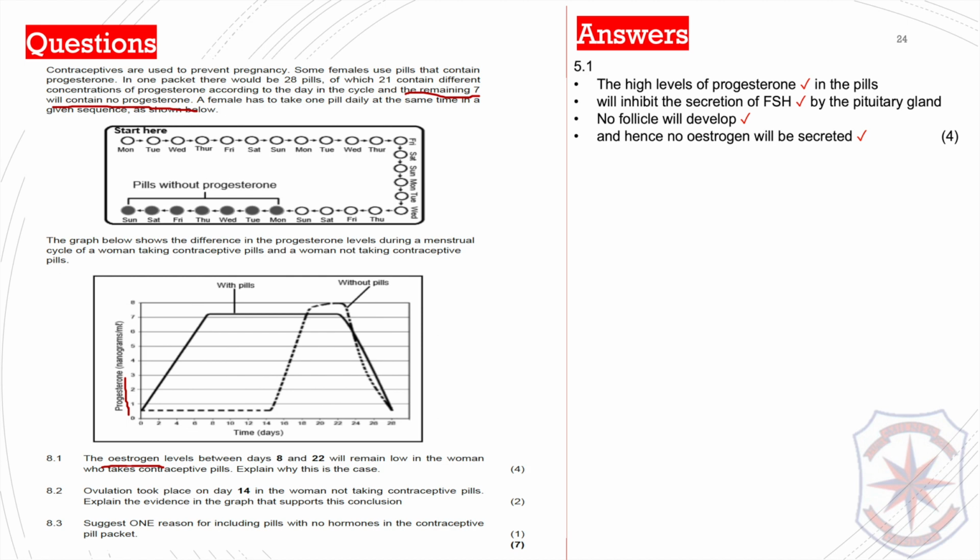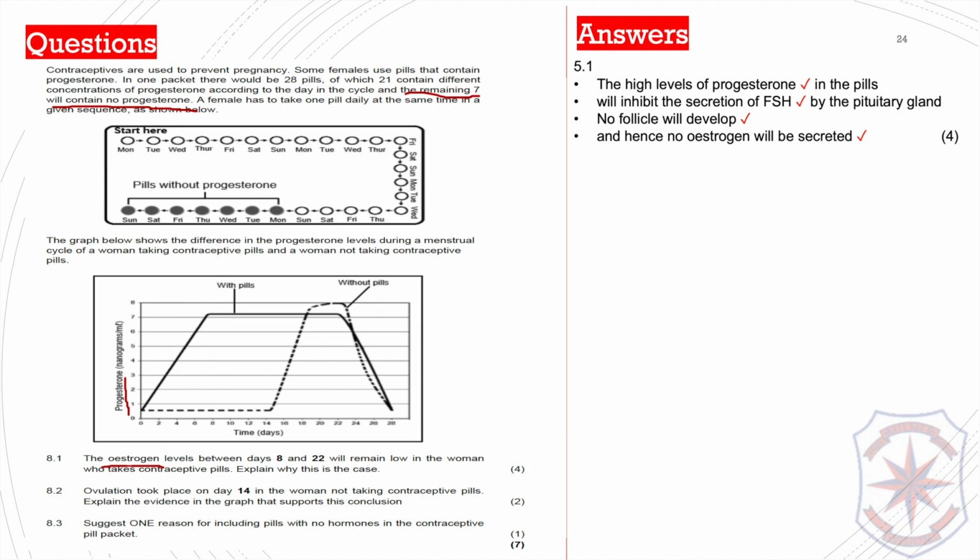Question 9.2. Ovulation takes place on day 14 in the woman not taking contraceptive pills. Explain the evidence in the graph that supports this conclusion. Guys, remember the indicators that I showed you earlier of fertilization not having taken place.